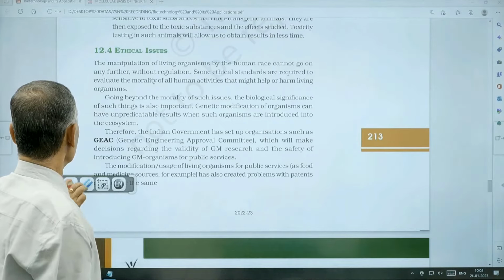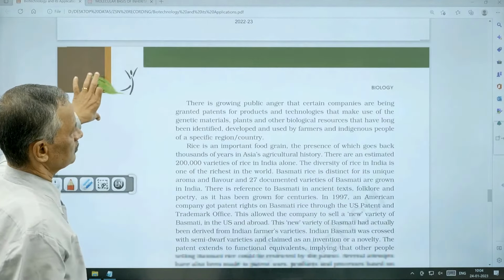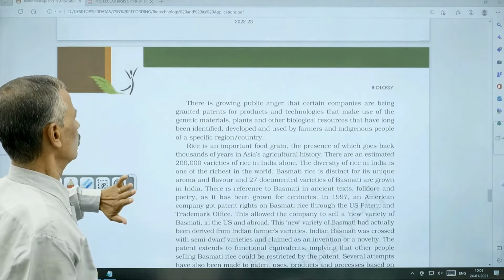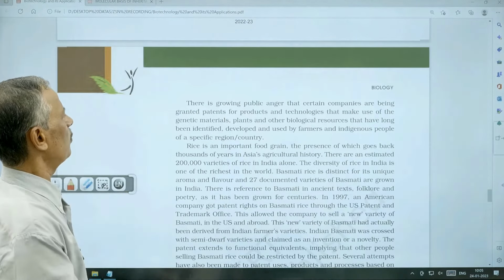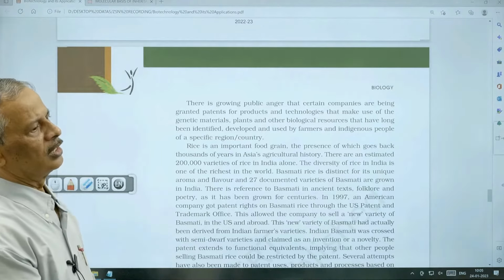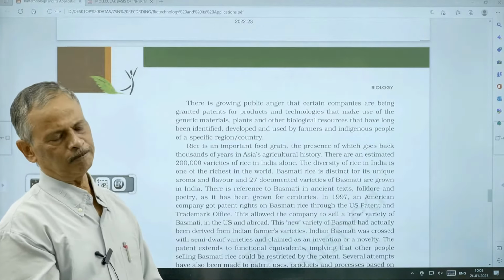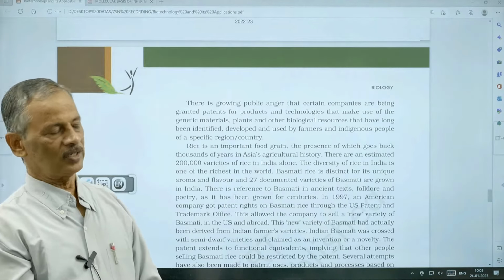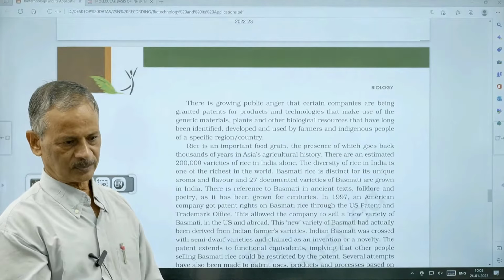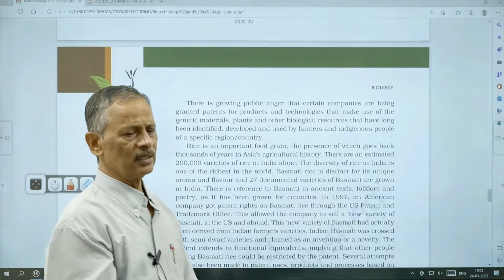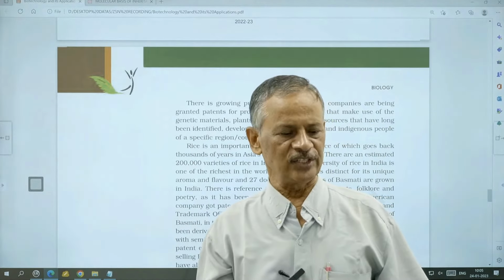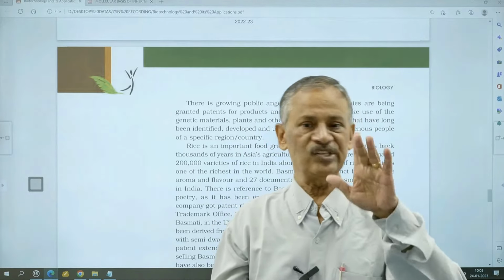People have a lot of suspicion and apprehension about the introduction of genetically modified crops for public use. And there is also public anger that multinational companies are engaging in biopiracy and unethical methods. What is biopiracy? Pirating of biological resources. When you use inherited knowledge or biodiversity, that should be compensated.